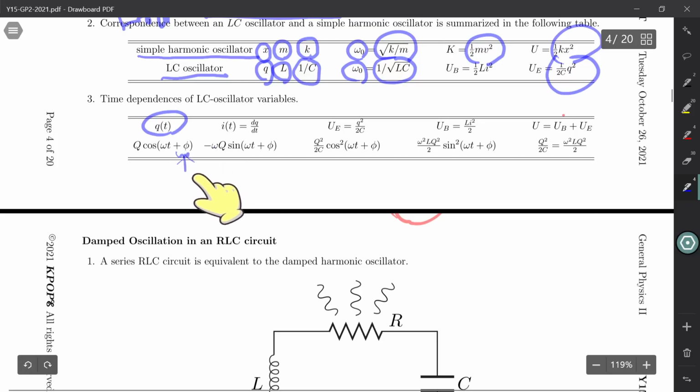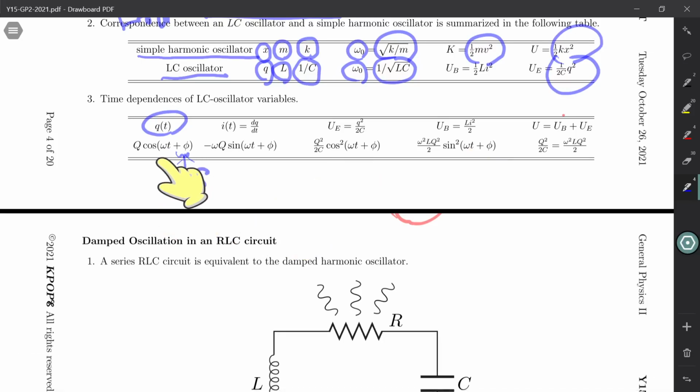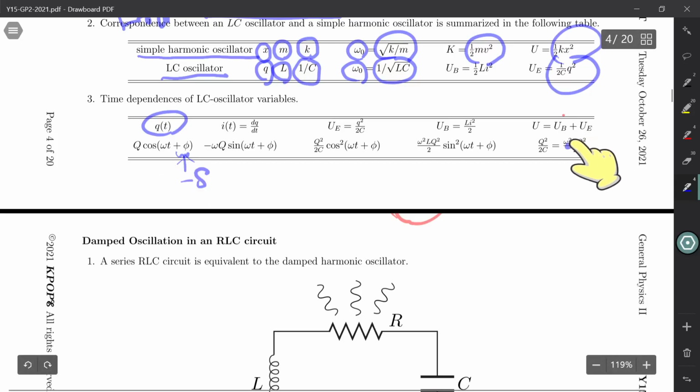This one was minus the delta, just what we have found. So using this, current can be computed. These numbers are all omega 0.